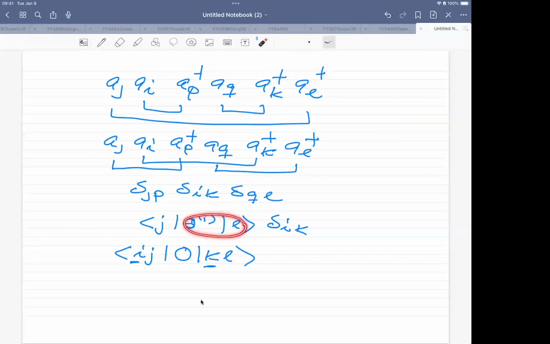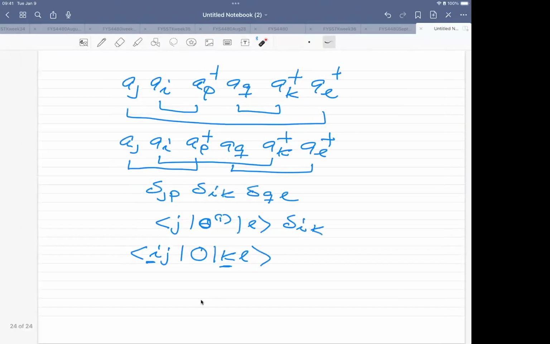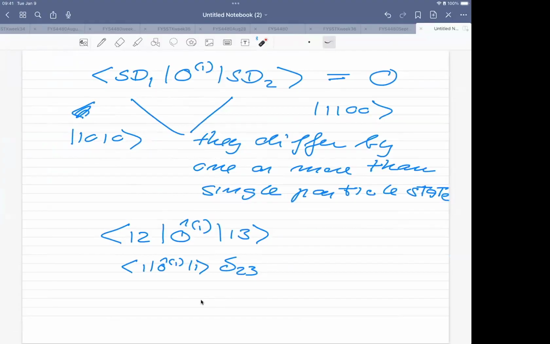So if this is an eigenbasis of this operator, then J obviously has to be equal to L. Quantum numbers which are not participating in the operation of the operator, on the bra and ket side. So for a one-body operator, if the states on the bra and ket side differ by more than one single-particle state which is not included in the operation of the operator, the matrix element is actually equal to 0.